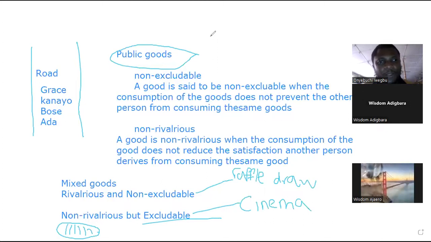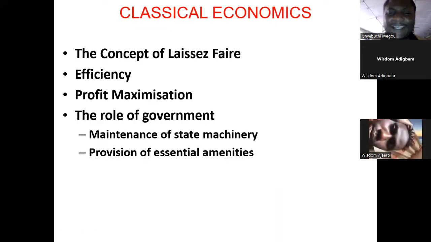That is the concept of the classical school of thought. So this school of thought was in place and everybody was enjoying. Life was good, efficiency was achieved, profit was maximized, full employment was achieved.